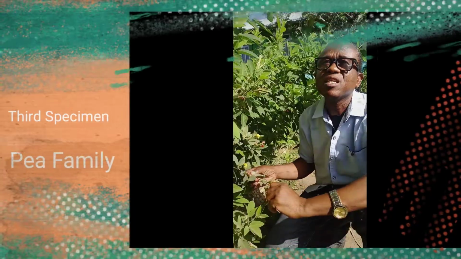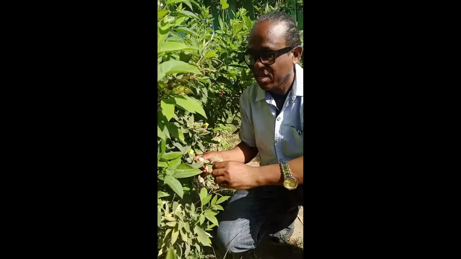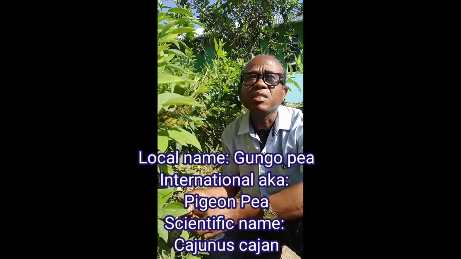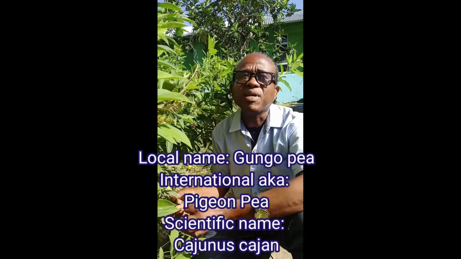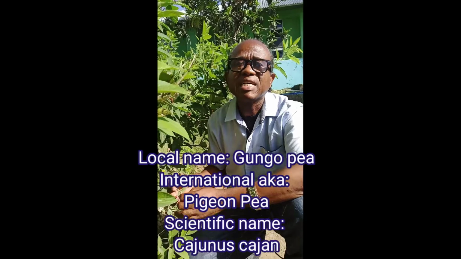Next species that we'll be focusing on is from the pea family. This is called, locally, gungo peas. Internationally, it is known as a pigeon pea, and its scientific name is Cajanus cajan.